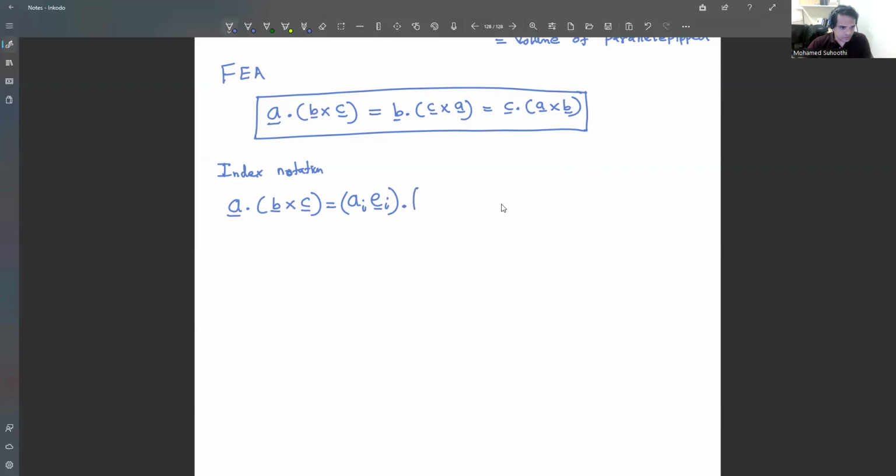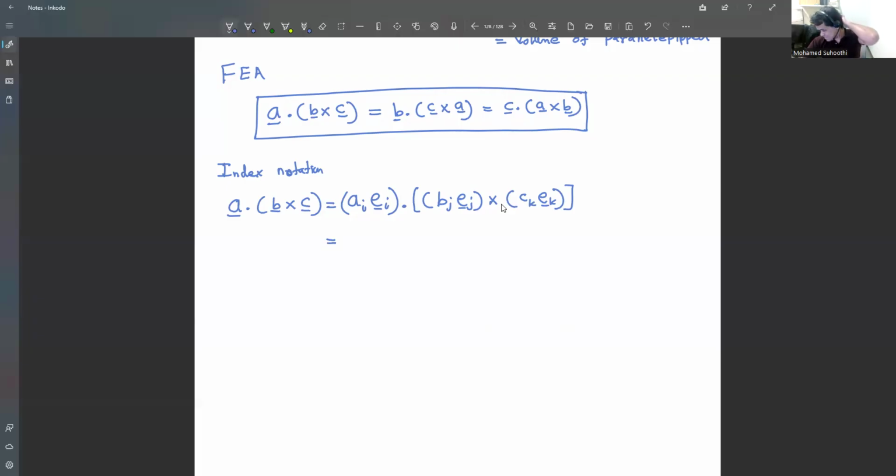I will use a large bracket for B. I told you we cannot write i again because I cannot repeat it more than twice. So now you have to write some other index: B_j e_j cross. Again, now you cannot use j here. So for the C vector, I will write C_k.